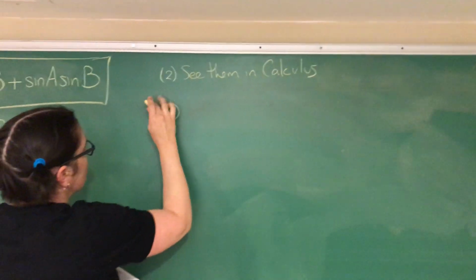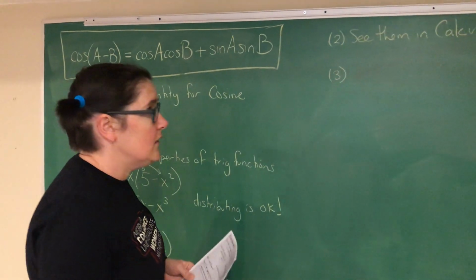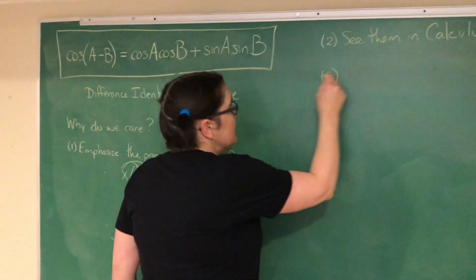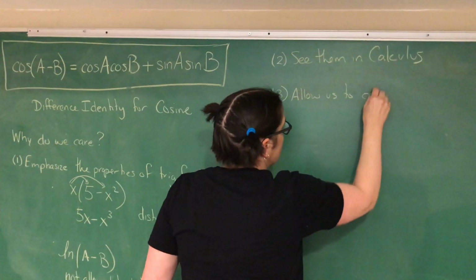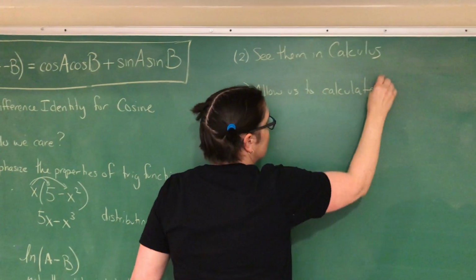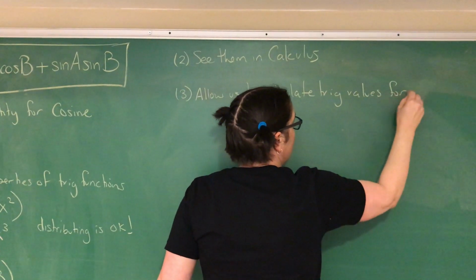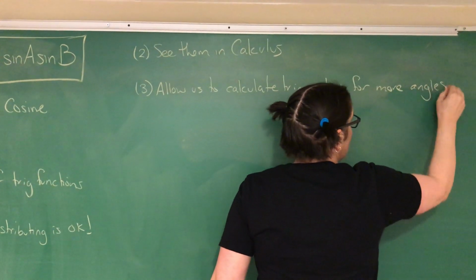And the third reason, which maybe is not the most important, but is a reason for talking about these sum and difference identities, is that they allow us to calculate trig values for more angles than we could before.